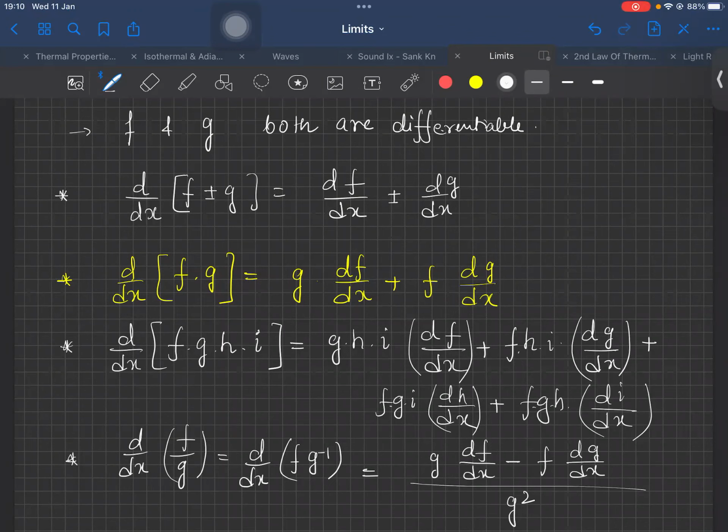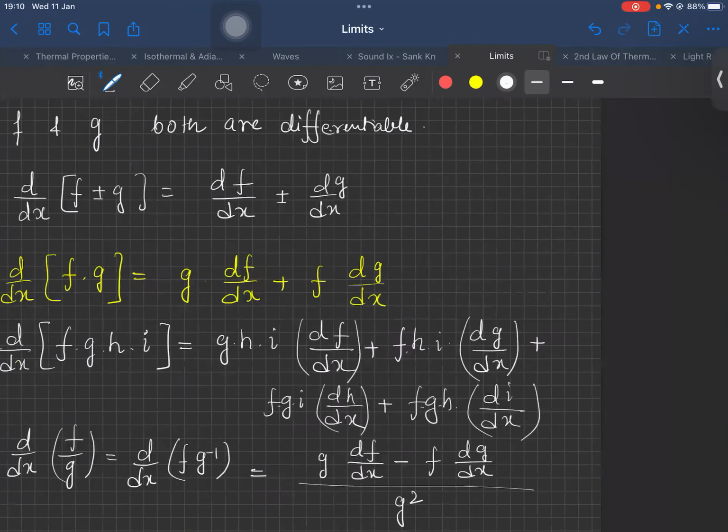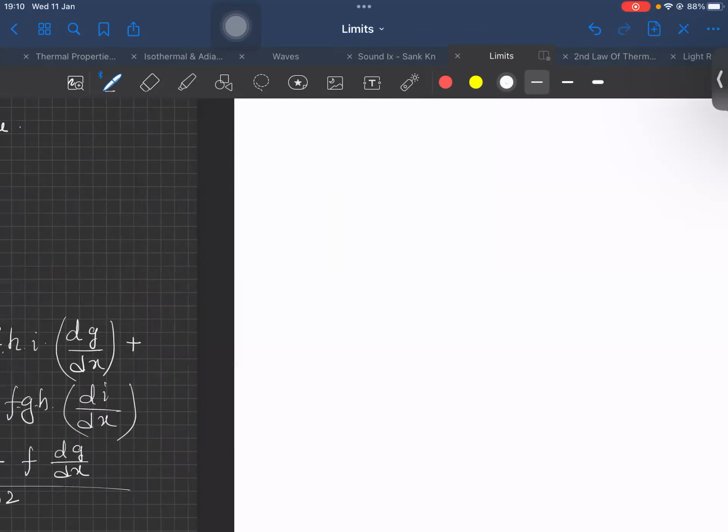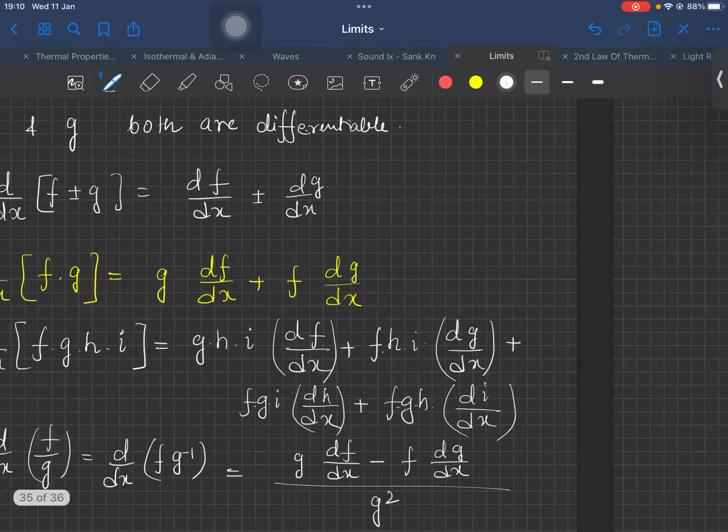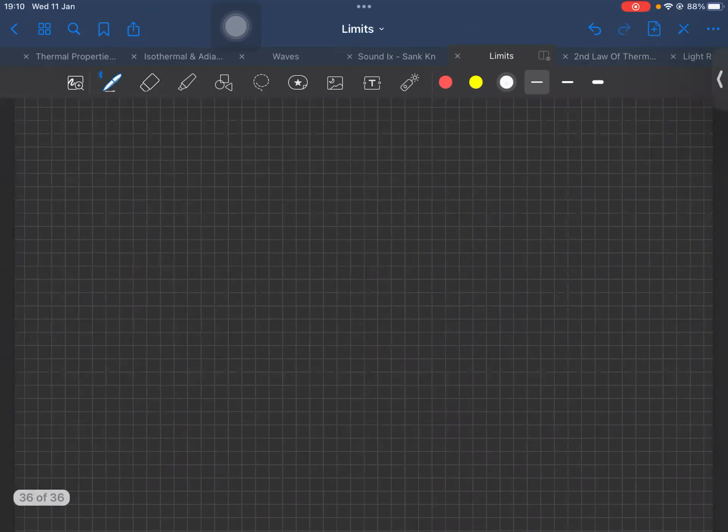There are other notations of differentiability, right? If you have the function f, then f dash represents its first derivative, f double dash represents its second derivative, and so on. Like if you have the displacement, let's say s is a function of time. If you find the first derivative of displacement with respect to time, you'll get velocity, right?